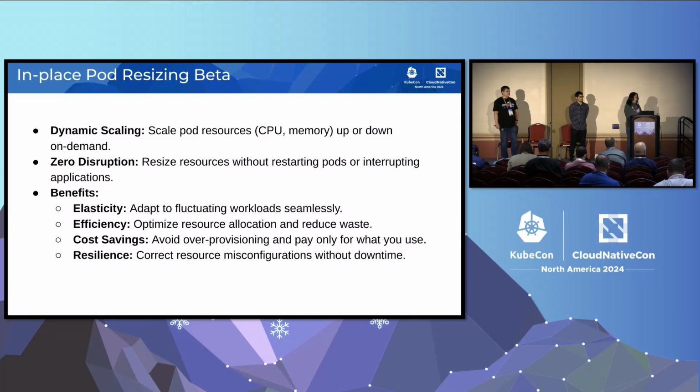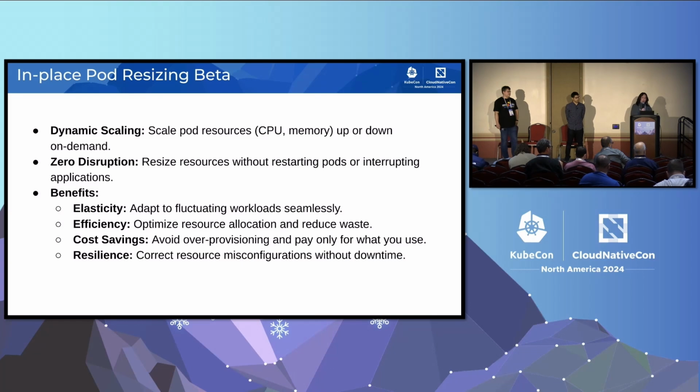Think about a workload that is running smoothly all the time, and all of a sudden experiences a surge in resources during some special event. You don't need to readjust the CPU and memory and bring them down; you can dynamically adjust in place and keep it running, right?